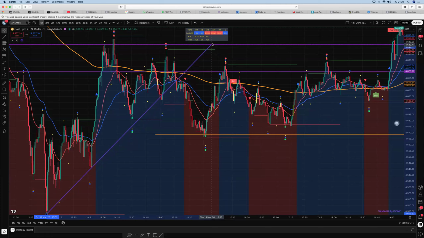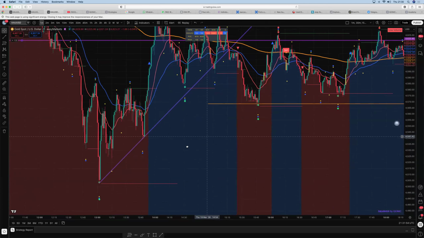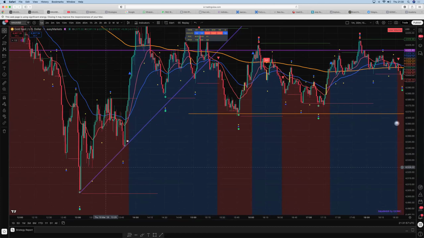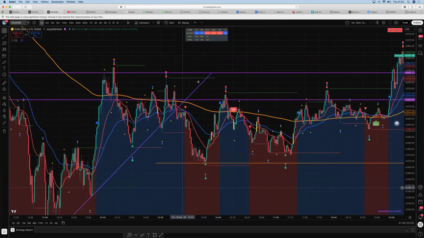It went and hit that line. Yeah? So when you see a shift in momentum like this, look at it. Look at where price could potentially move to. So we could have taken a trade to this price line and this one.